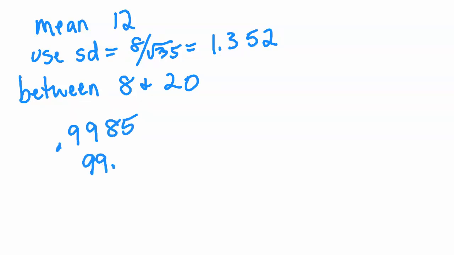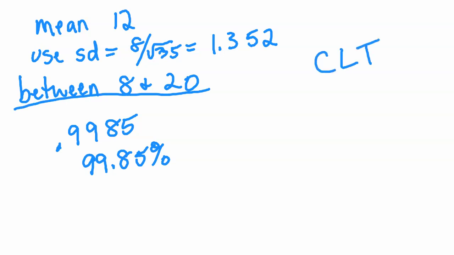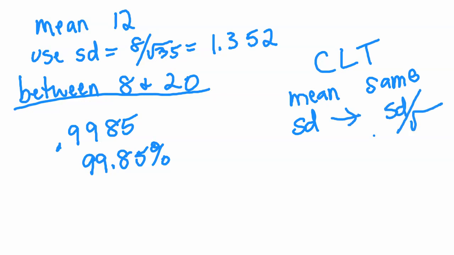So almost 100% chance that our sample mean is between 8 and 20. So again, this was the central limit theorem. The mean's the same. The standard deviation is the standard deviation divided by the square root of n. N is the sample size.